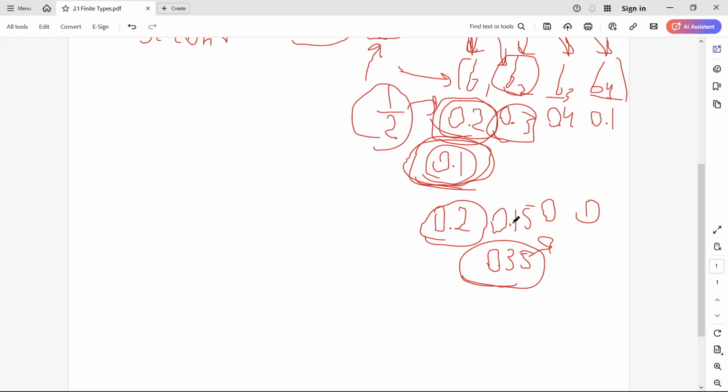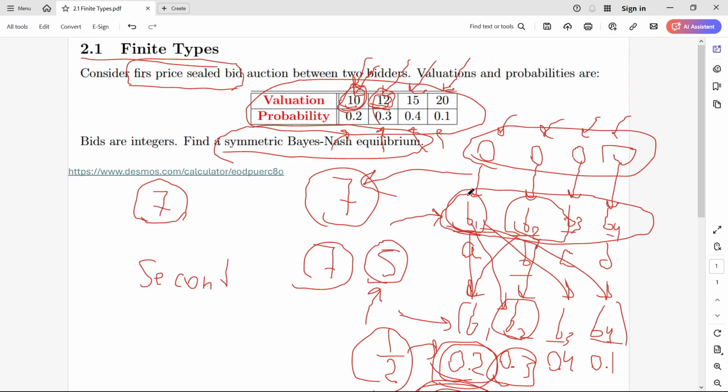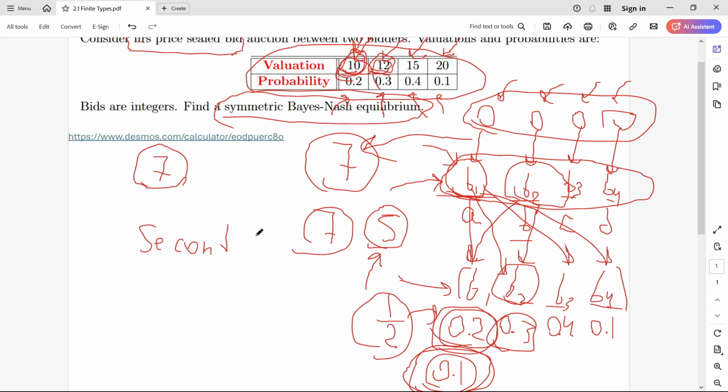And apart from winning chance, you're also interested in the payoffs, right? So for each bid, there's a corresponding payoff to it. If your valuation is 10 and you bid B1, your payoff is 10 minus B1, however, only when you win.